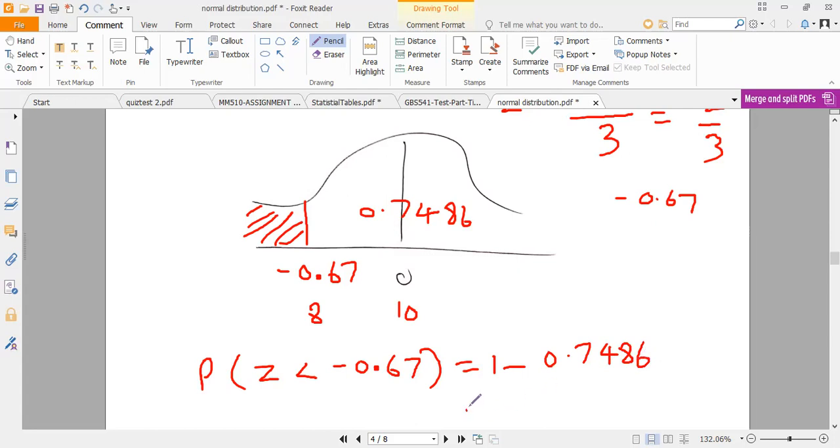What are we getting? I need you to participate. We are getting 0.2514.